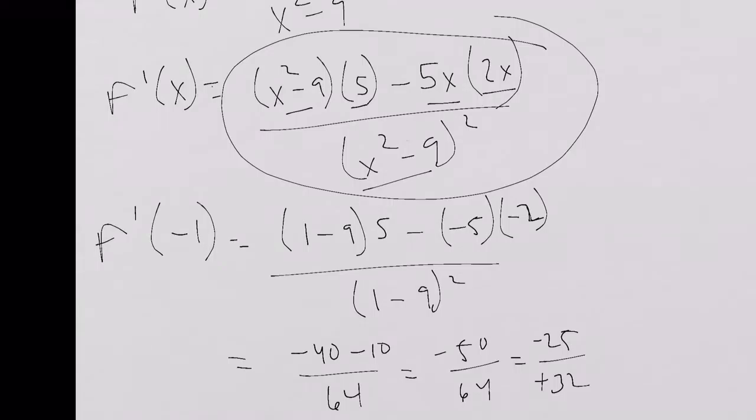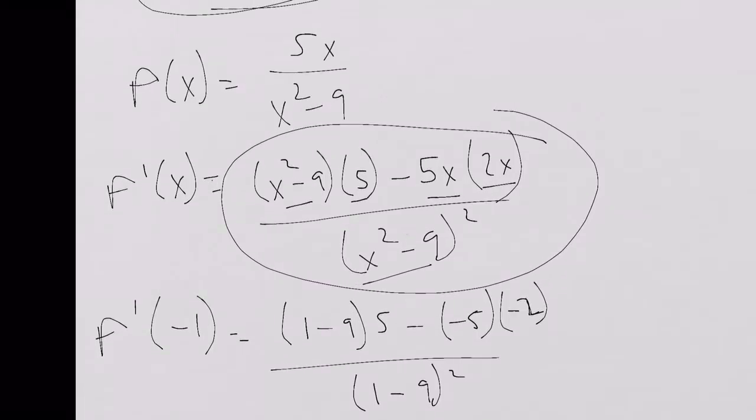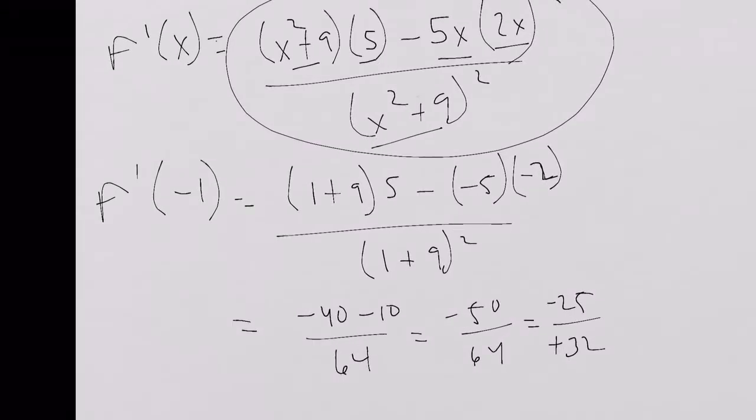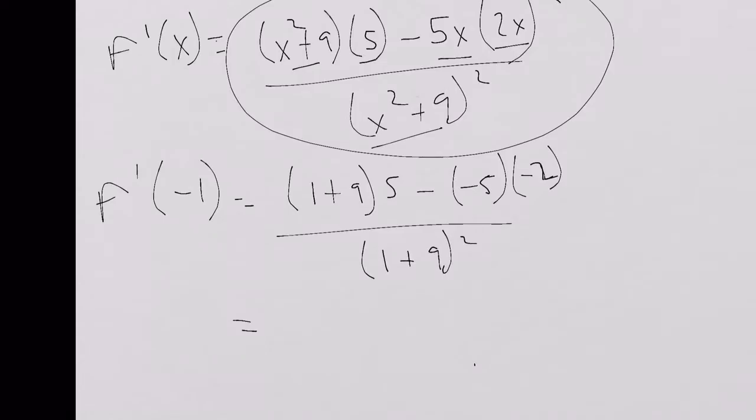Looking at my answer, that didn't match up, and so I was curious as to why. I wrote the problem down wrong. It's a +9. So I'm going to change all of these to pluses. I just have to fix that part. So again, got to be careful with signs. I am subject to that the same.